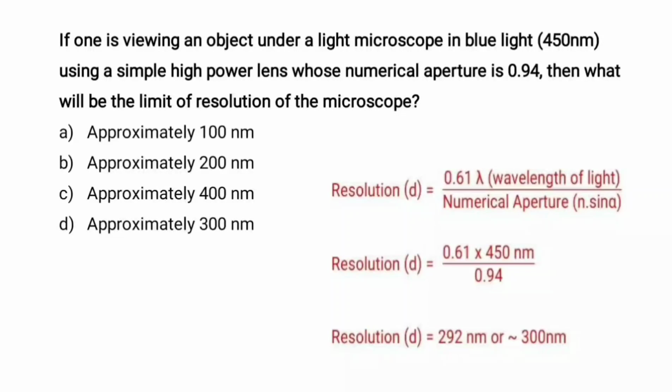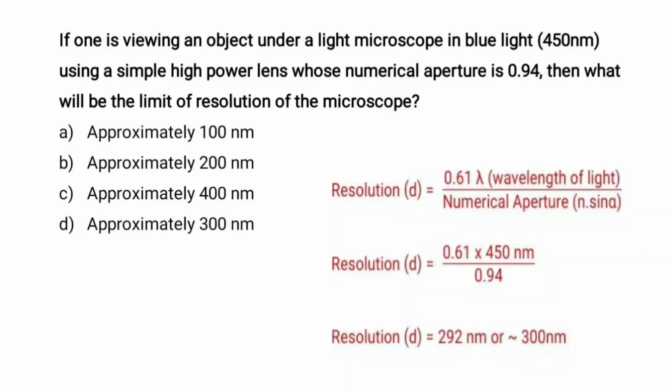If one is viewing an object under a light microscope in blue light whose wavelength is 450 nanometers, using a simple high powered lens whose numerical aperture is 0.94, then what will be the limit of resolution of the microscope? As you can see here, the resolution, which is D, is given by the formula 0.61 times lambda divided by numerical aperture.